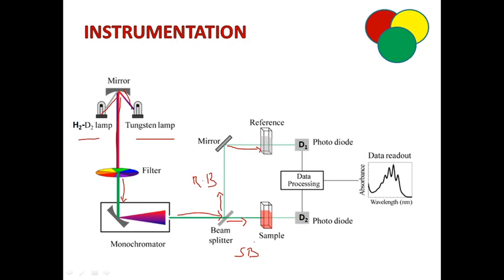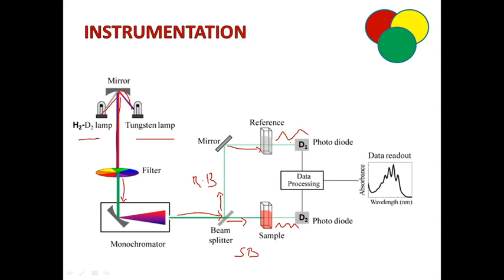Some amount of the sample beam is absorbed by the organic compound. As a result, a highly intense beam is emitted from the reference cell, and a less intense beam is emitted from the sample cell.